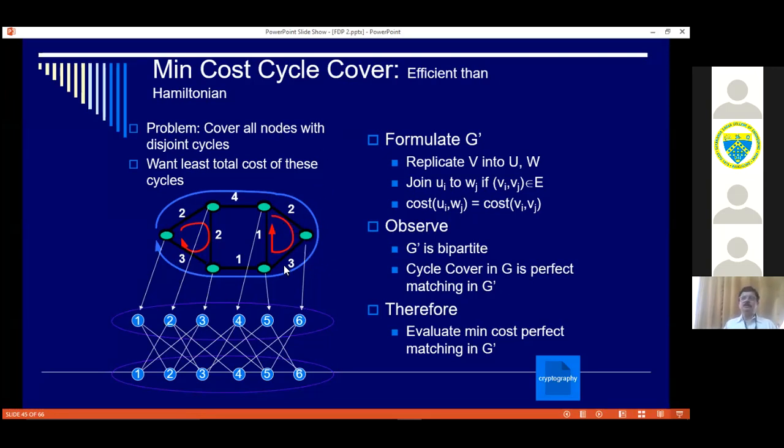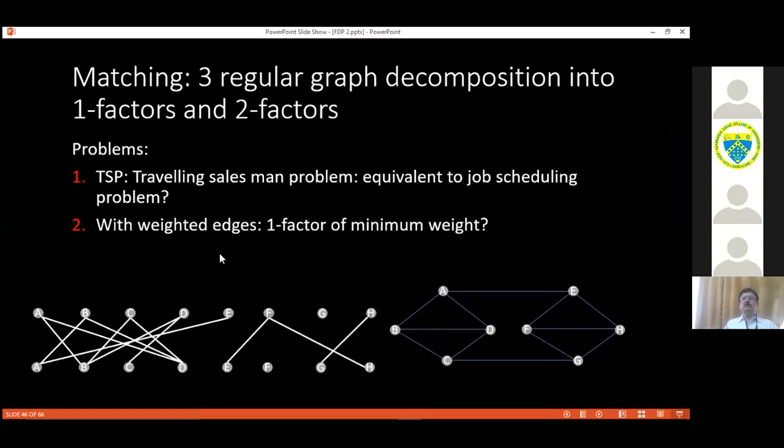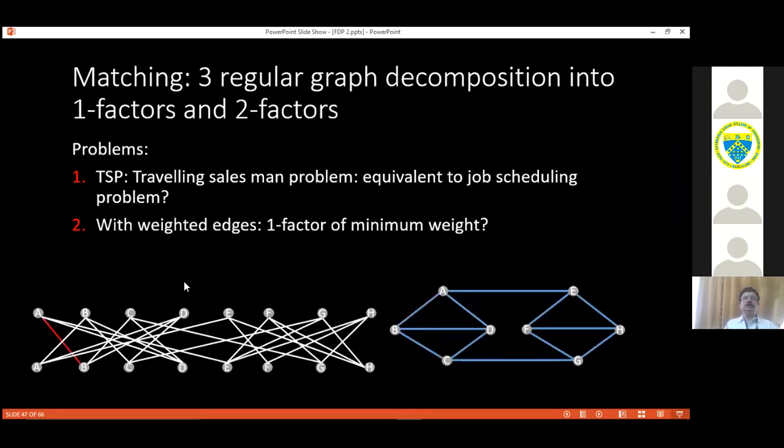That's nothing but finding a Hamiltonian circuit. Instead of a Hamiltonian circuit, we are going to find 2 factors. 2 factors are subgraphs that need not be connected, of degree 2, that is, regular graphs of regularity 2. Another way of looking at the same problem is in matching: finding a 1 factor here is exactly equivalent to finding a 2 factor there.